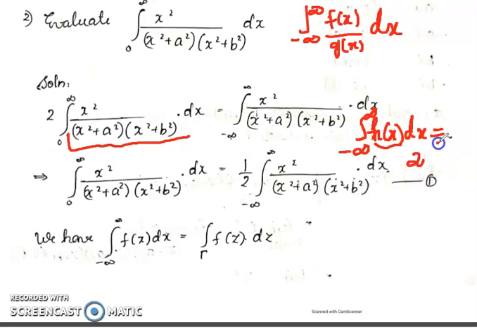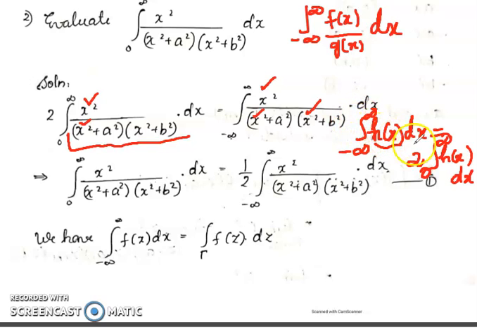Then we can write it as 2 times 0 to infinity of that function dx. So this is a property for even functions. Since we have x square everywhere, x square is an even function, and you can learn this property: integral minus infinity to infinity h of x dx is 2 times integral 0 to infinity h of x dx.